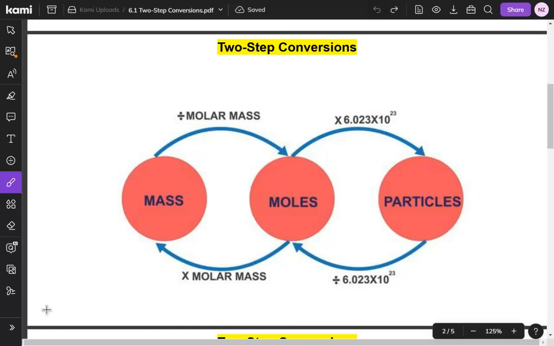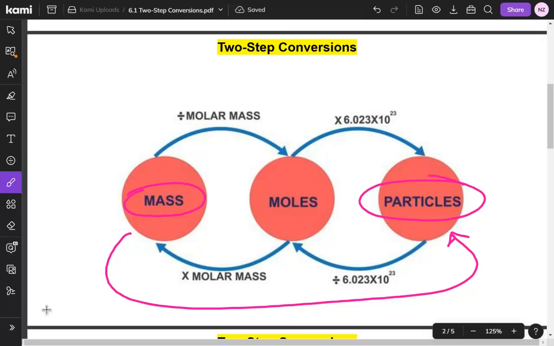Now, we don't have a direct way to convert from mass to particles. So we're going to use moles as our intermediary. Just think about if you had some old video games that you wanted to get rid of, and you wanted to get a new video game.